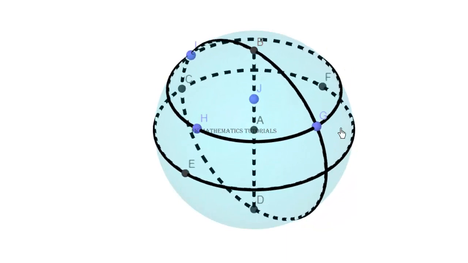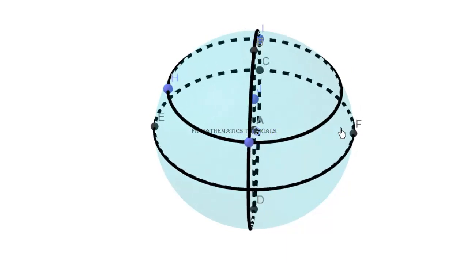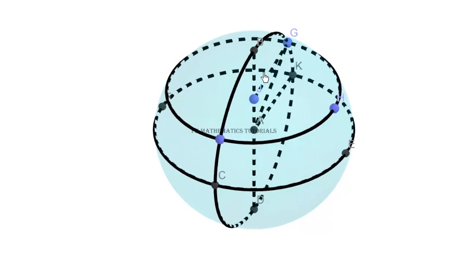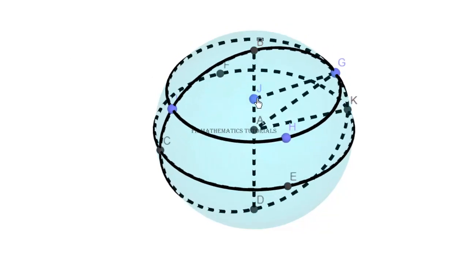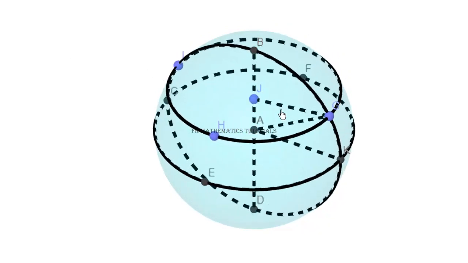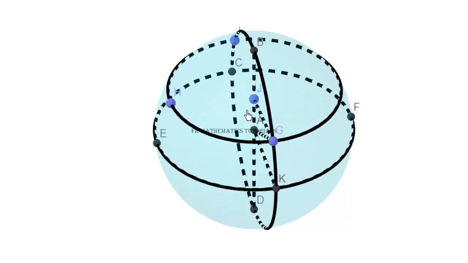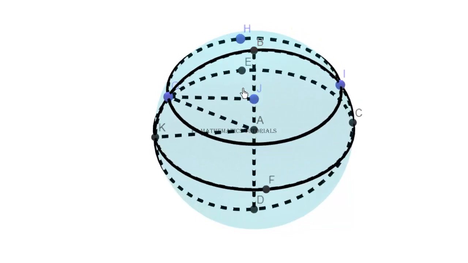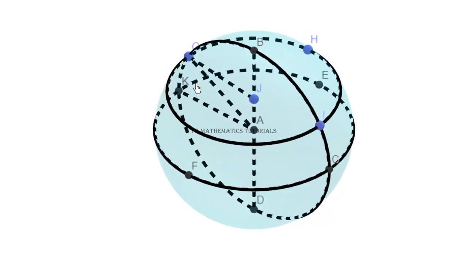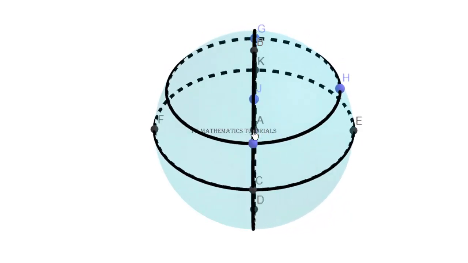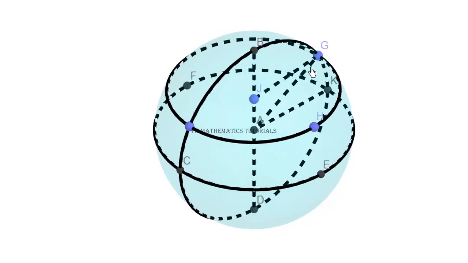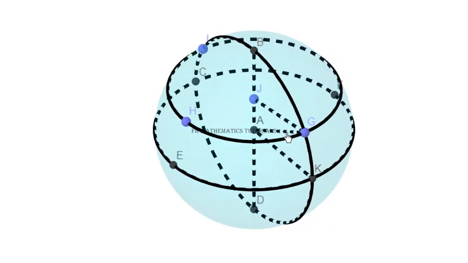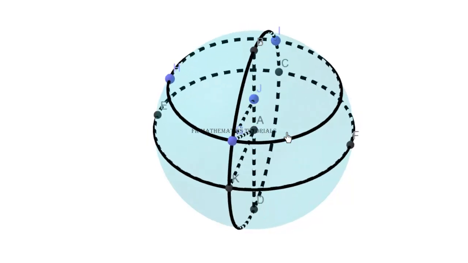Now, how do we calculate the radius of small circles? The radius of this small circle is from this point J to G. That is the radius of this small circle. Now we can see that A to G and A to K are radius of a great circle.